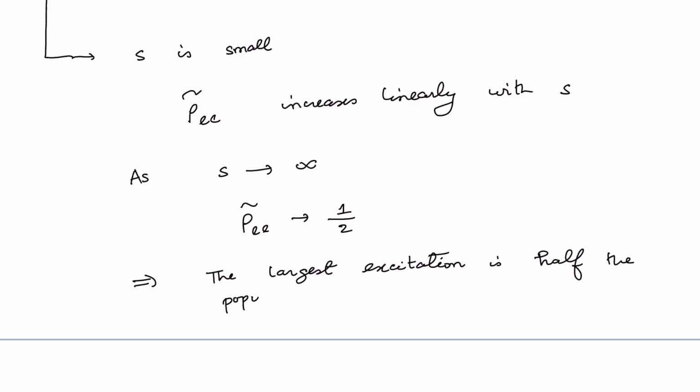And it makes sense because if you have studied laser physics, there you know that if you increase the intensity of the field, for the case of a two-level atom, the maximum population that can be achieved is only 50%, right? And because of this reason, the two-level system cannot be used as a laser.